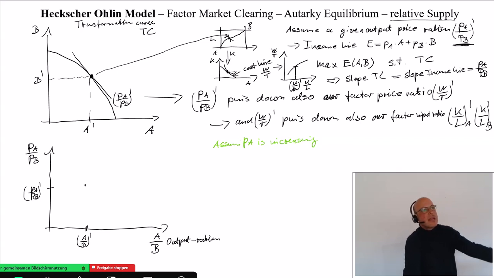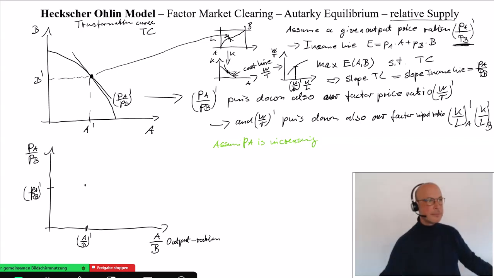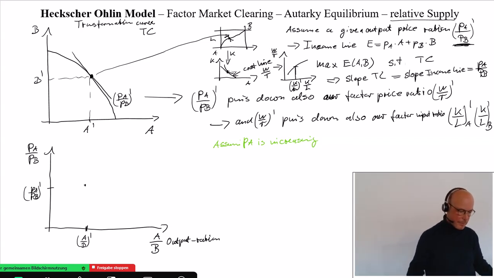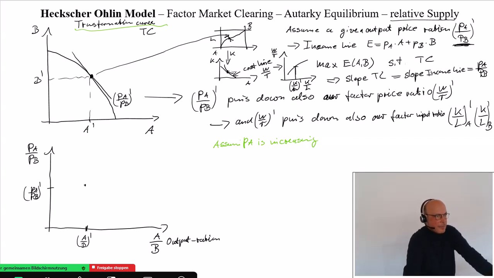Everything else is still the same. Which curve is changing? In this diagram here. If just the price of good A is doubling. Income line, yes. And how does it change?